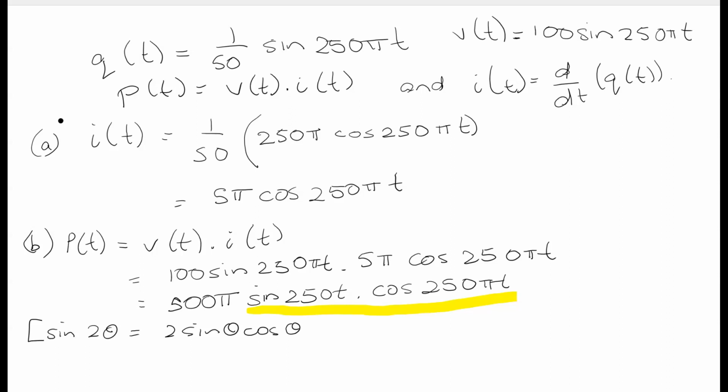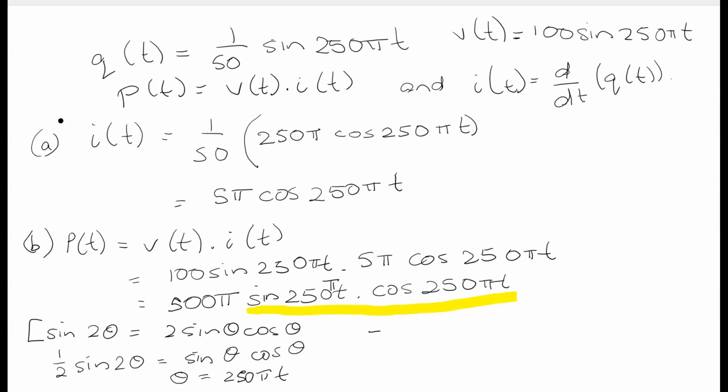Well, we've got sine something, cos something, so we could rearrange that to say that a half sine 2 theta equals sine theta cos theta, and in our case theta is equal to 250 pi t.